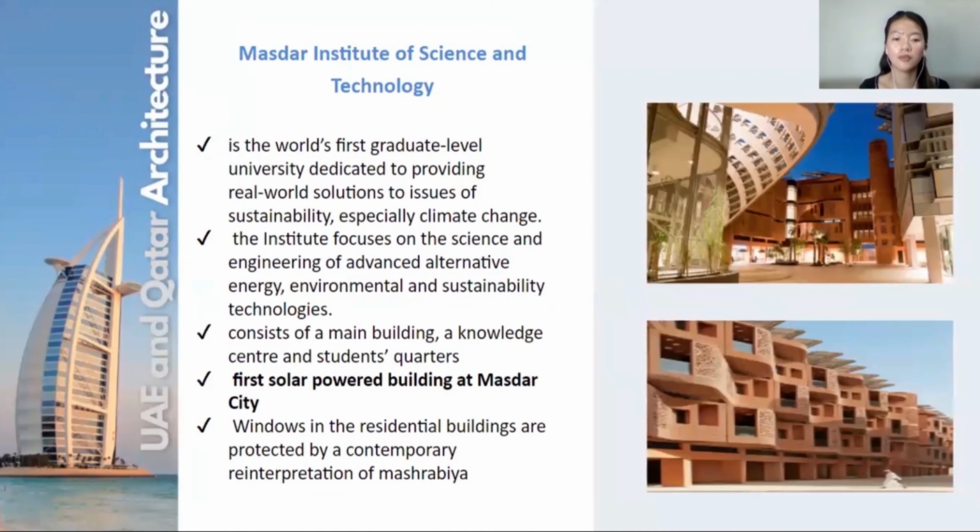It consists of a main building, a knowledge center, and student quarters. First solar-powered building at Masdar City, and the windows of the residential buildings are protected by contemporary reinterpretations of Mashrabiyah. So this would be the Mashrabiyah, Masdar Institute of Science and Technology.